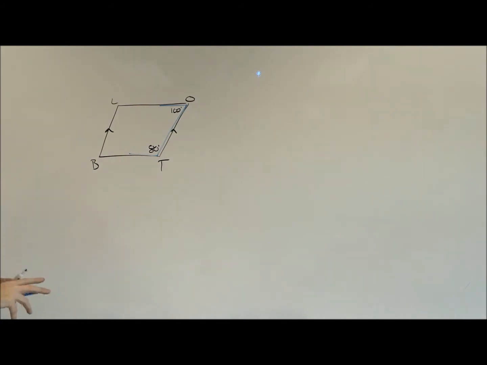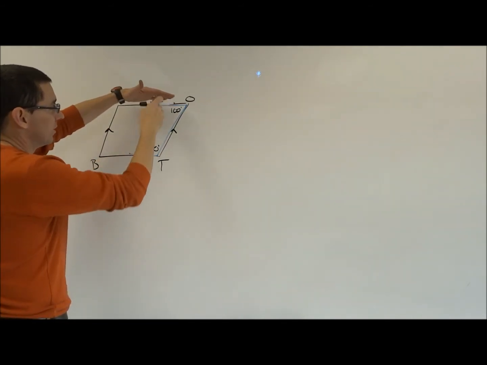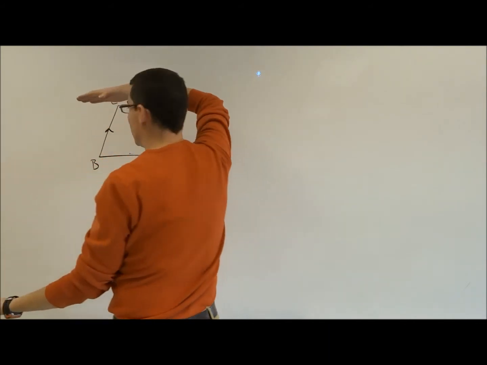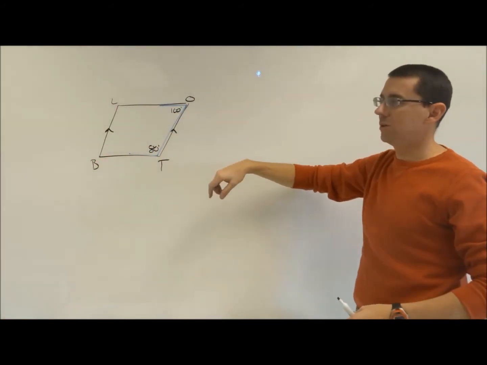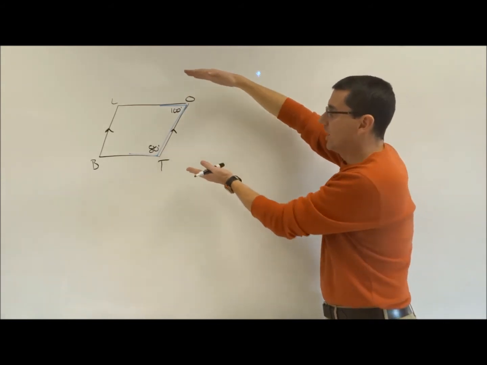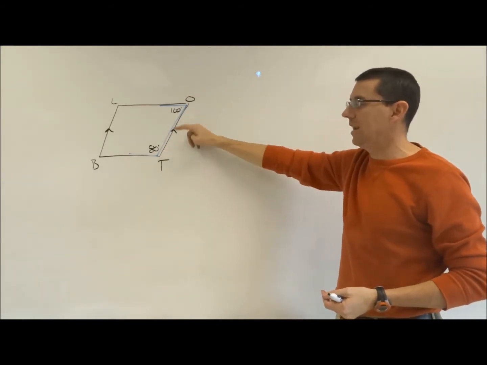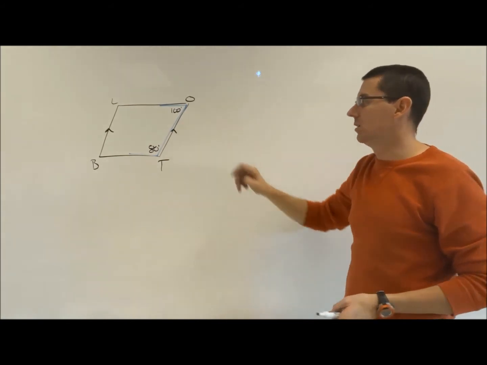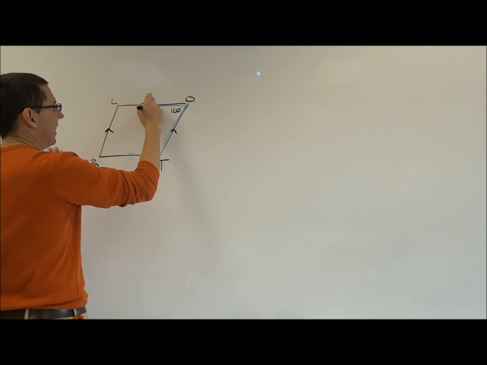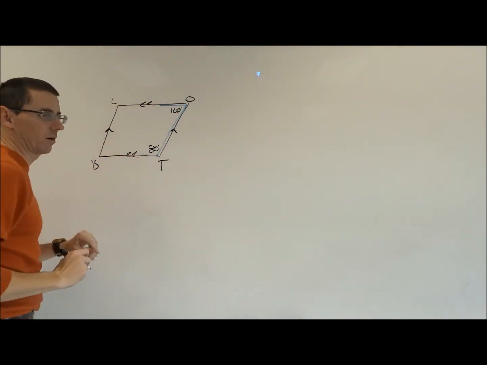What kind of angles are they? With these 2 sides and a transversal, it makes that C shape. The C shape is same side interior angles. If the same side interior angles are supplementary, then the lines have to be parallel. Is 80 and 100 supplementary? It is. 80 and 100 add up to 180, which tells me that these 2 sides have to be parallel.